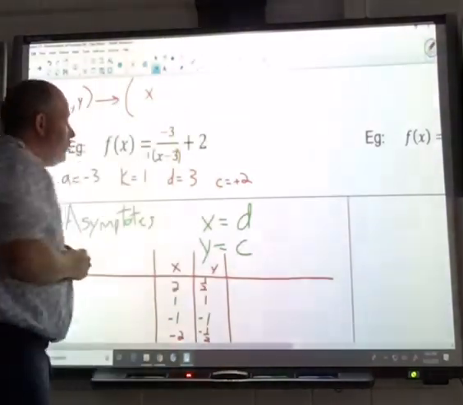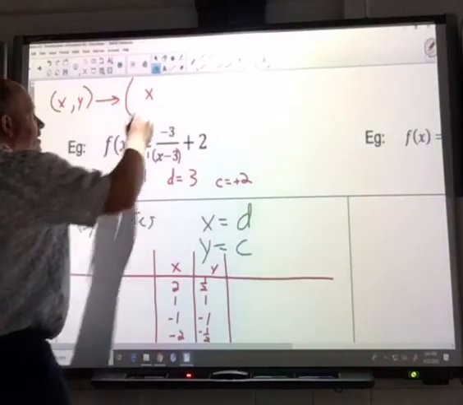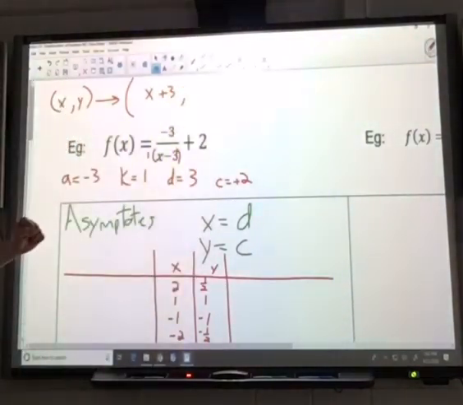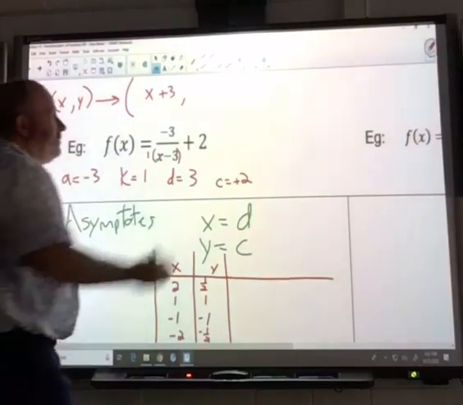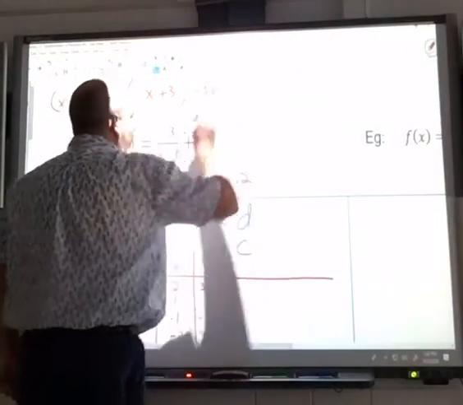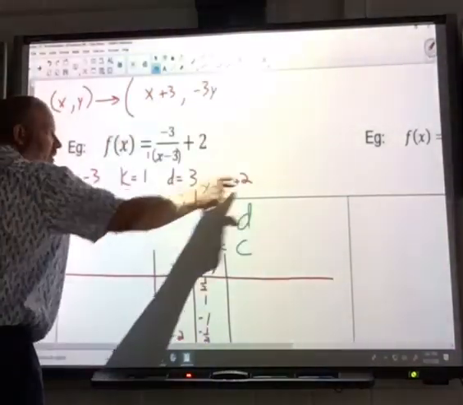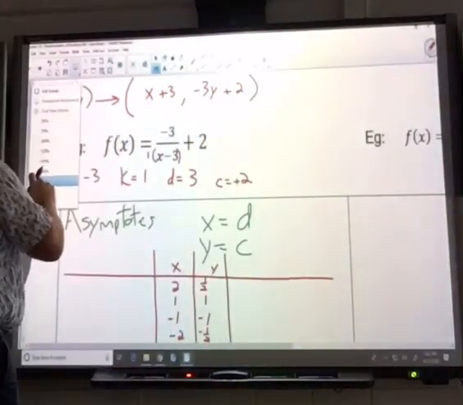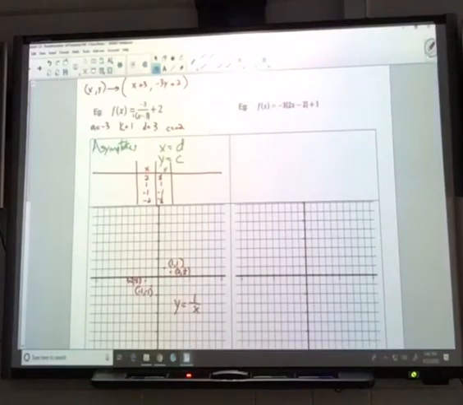Just x. Okay, and then I'm going to add my d value, plus 3. For my y value, it's going to be whatever a is times y, so -3 times y. And then it's going to be plus 2. So there's my mapping rule. Here's my mapping rule. Okay?